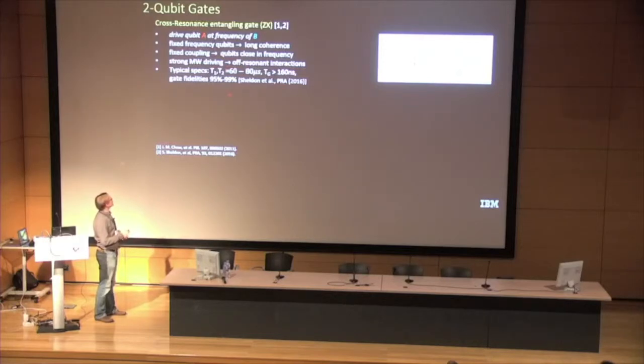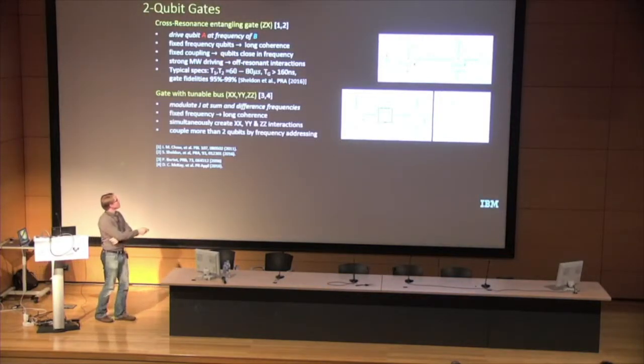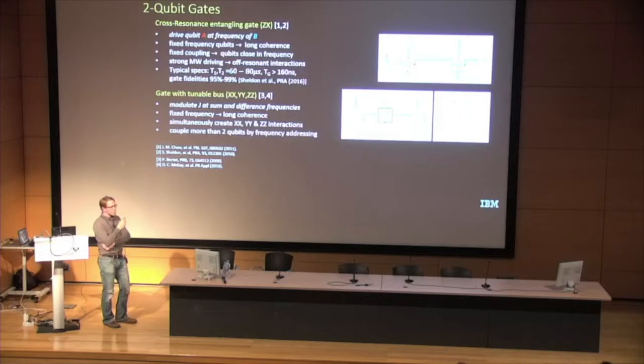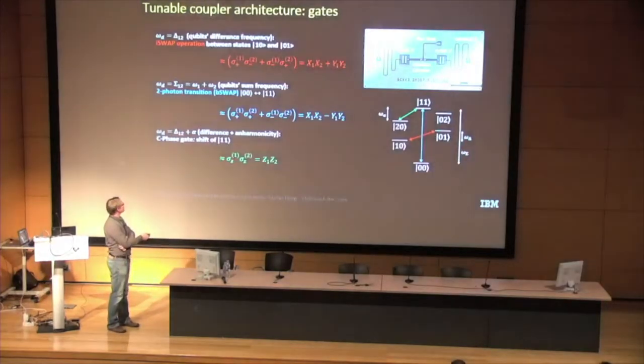I've shown the cross-resonance gate before. We are working on a slightly different gate, which still uses the fixed-frequency qubits here, but we are now modulating a coupler in between. And again, we can discuss this, but I don't want to go into details. What this gives is that we are getting different types of transitions in the qubit.